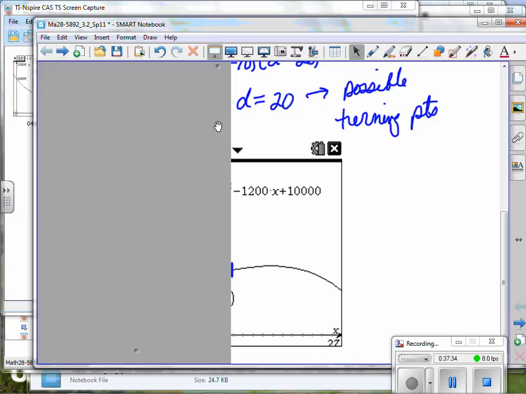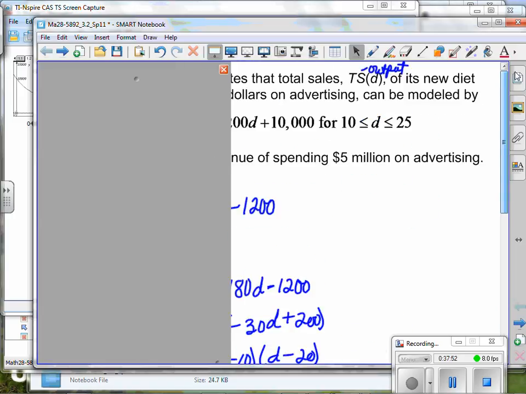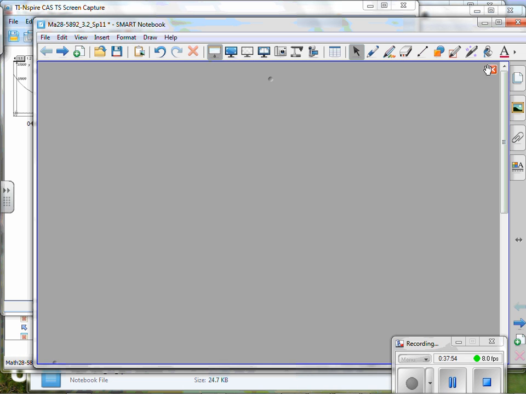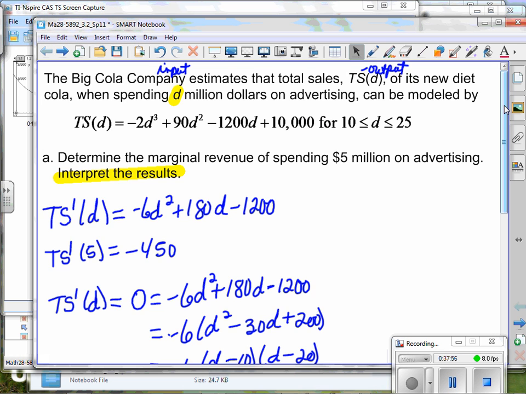So think about concave down being a negative idea. However, when it's concave down, you have a maximum output. Okay, so those two terms are going to be really important to us, concave up and concave down.